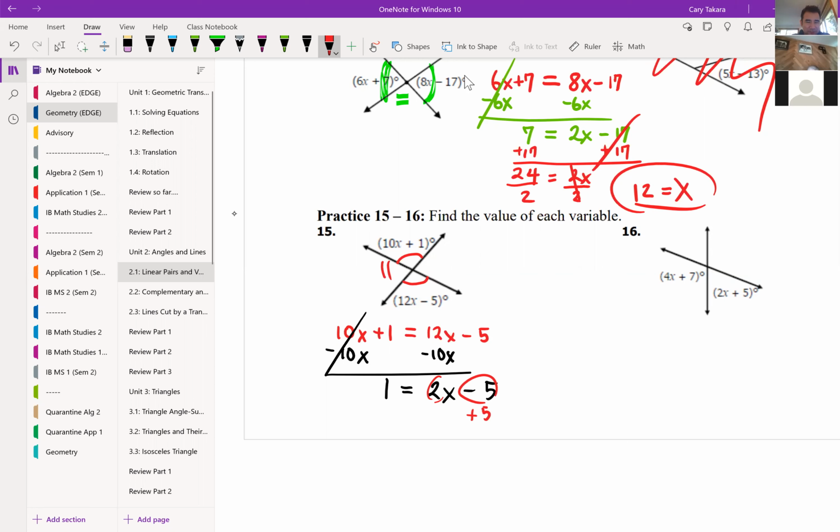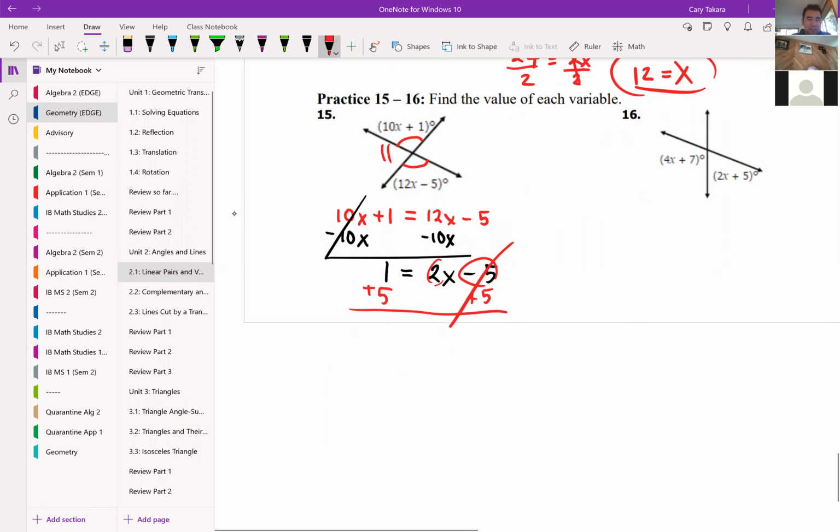We're going to add 5 first. Always get rid of the number floating by itself, okay? So 5 is gone. So now we've got 2x equals 6. Now you're going to get rid of the 2. 2 is attached to x, isn't it? How do we get rid of that 2? You've got to divide by the number.